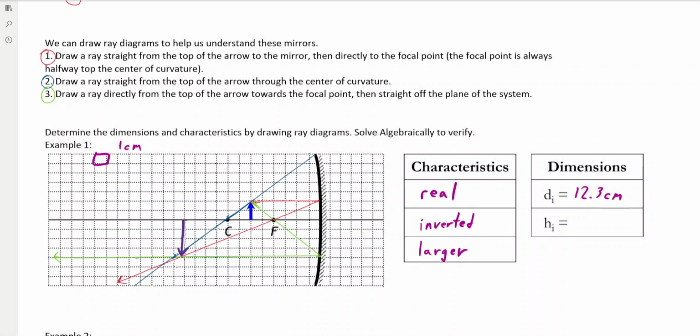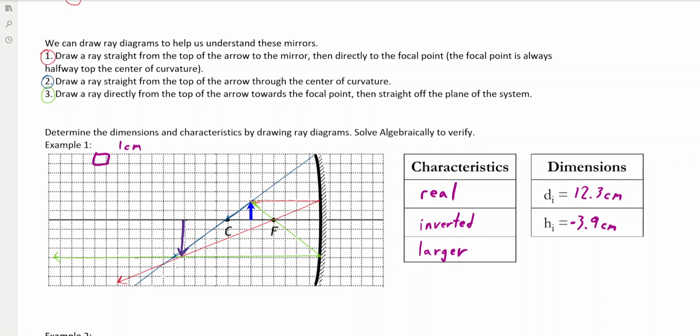And the height is almost 4, so maybe 3.9 centimeters, just slightly less. What we will say is actually we'll make that a negative because it is flipped.